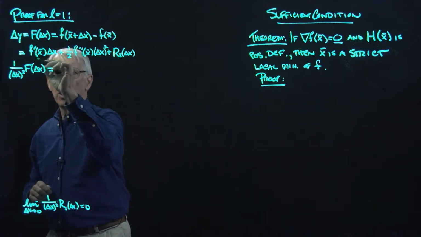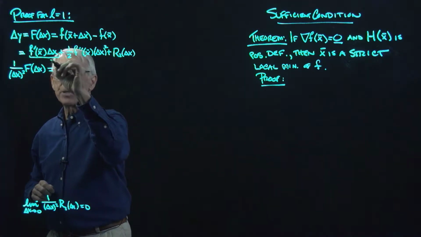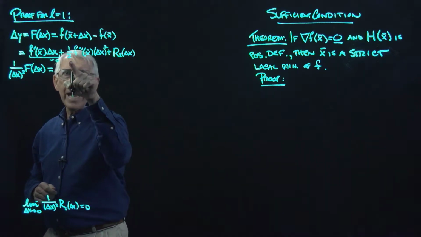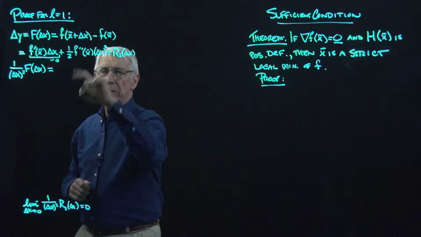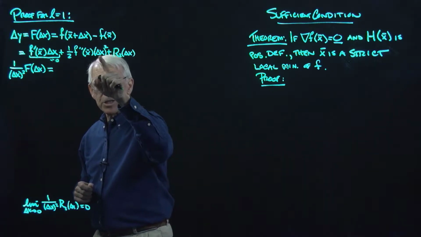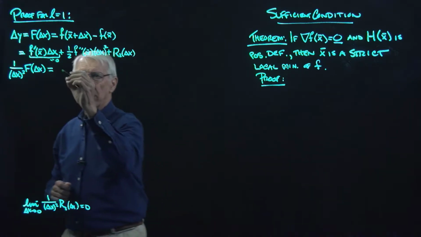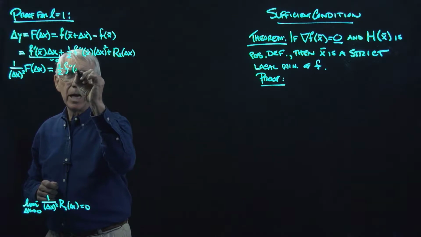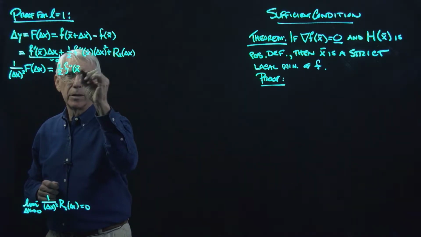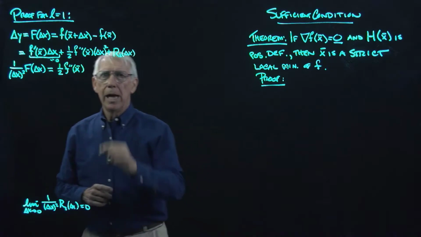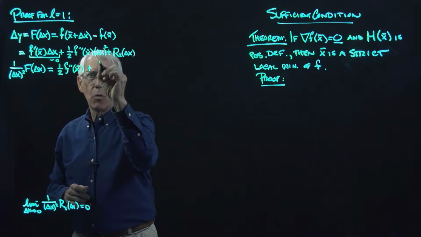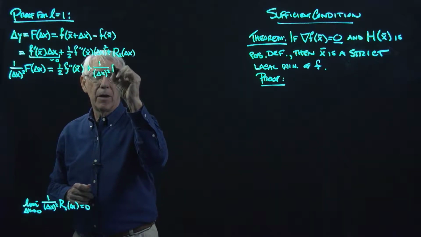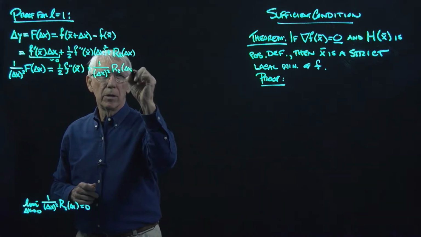So if this is 0, this whole term drops out. So this is now 1/2 times the second derivative times delta x squared, but I've divided by delta x squared, so I've just got 1/2 f double prime at x bar. Almost wrote delta x in there. And then over here I've got plus 1 over delta x squared R2 of delta x.